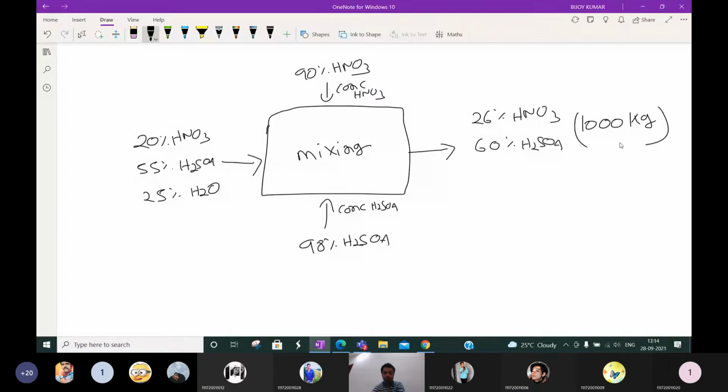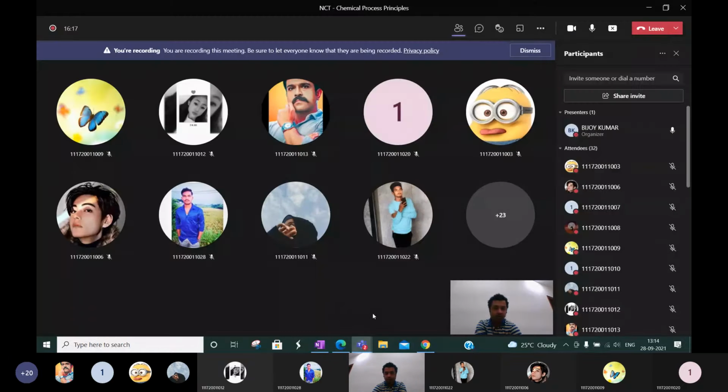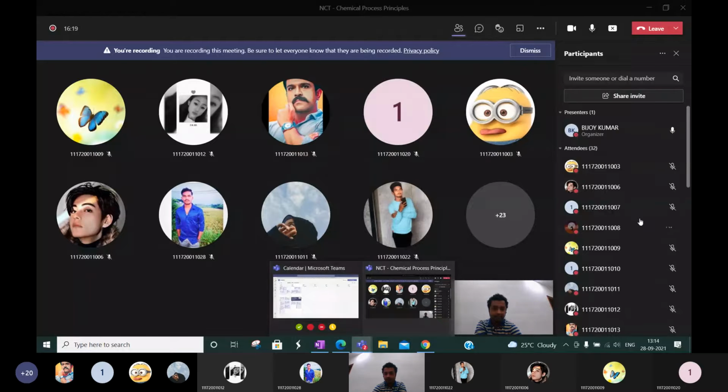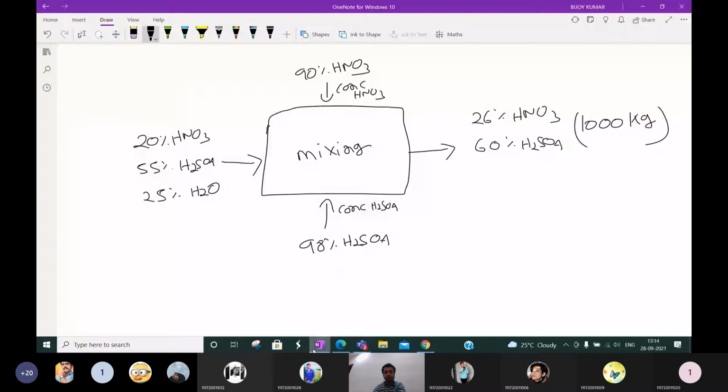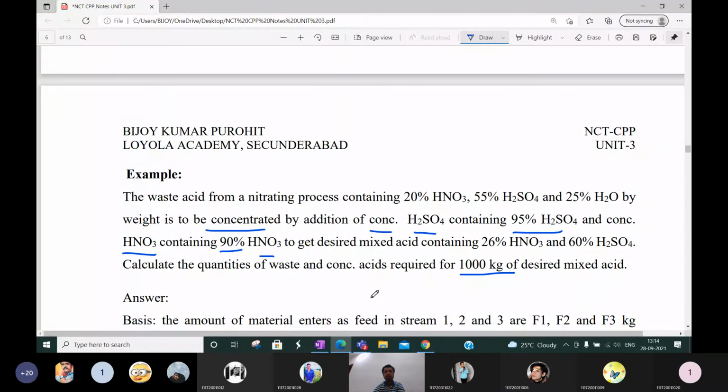Once again, please read the question and try to visualize it. The waste acid from a nitrating process contains 20% HNO3, 55% H2SO4 and 25% H2O. This is the waste acid.